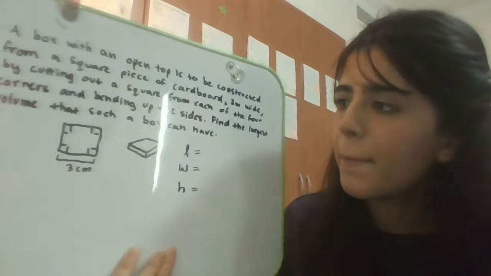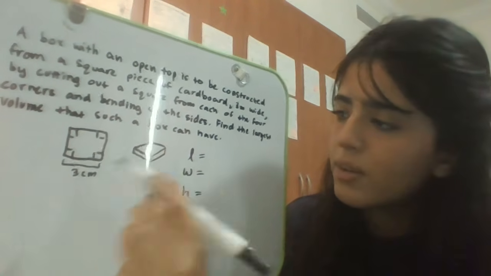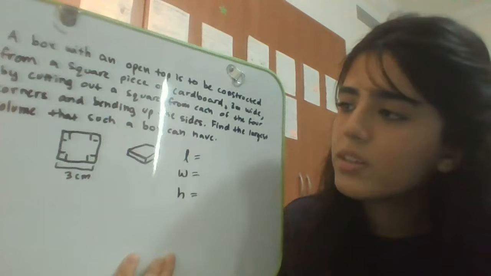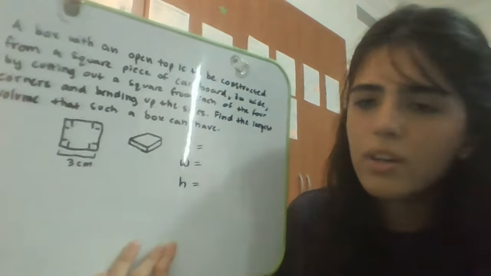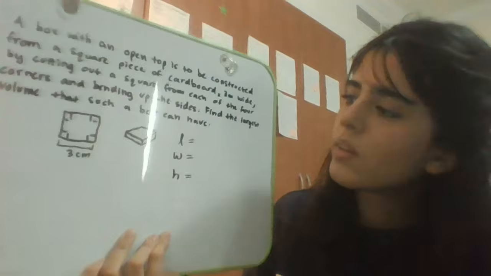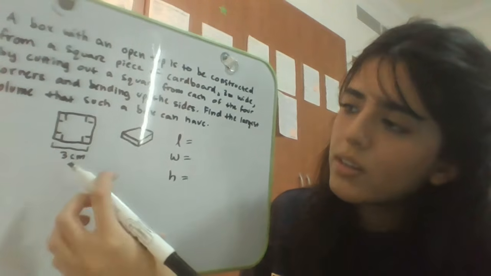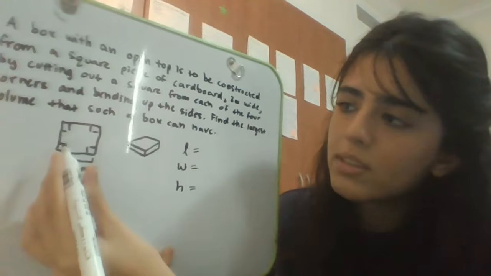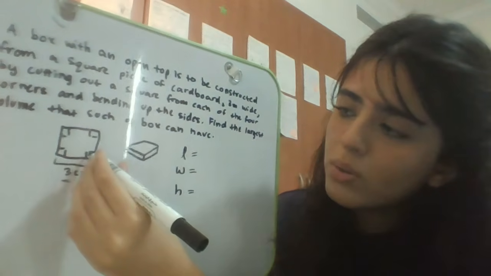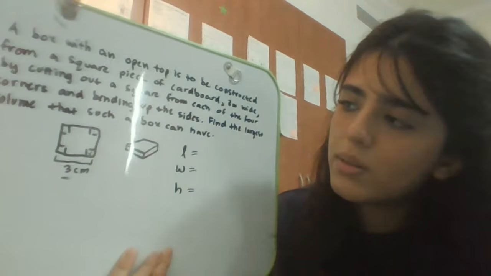Before I start this, I want you guys to know that the length and the width are going to be equal since this is a square and not a rectangle, okay? So the new length is going to be 3 minus 2x. And x, because you don't know what each of the squares that you're taking out is worth.